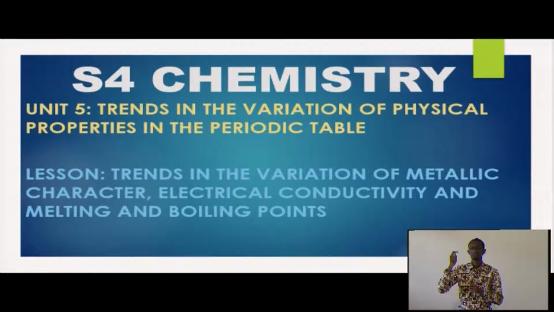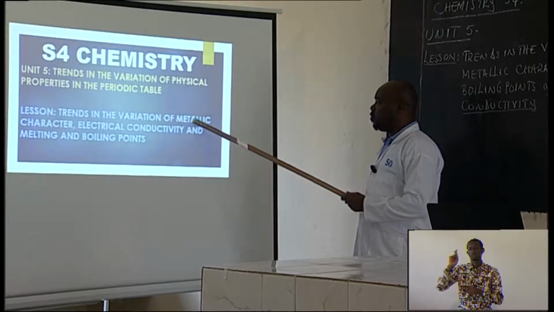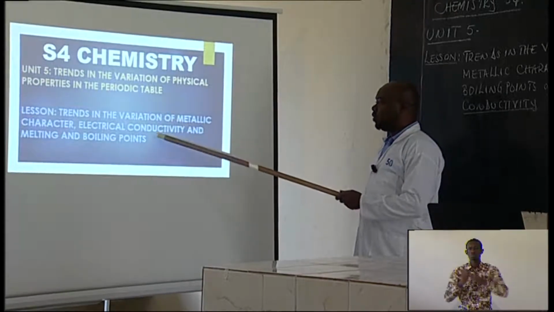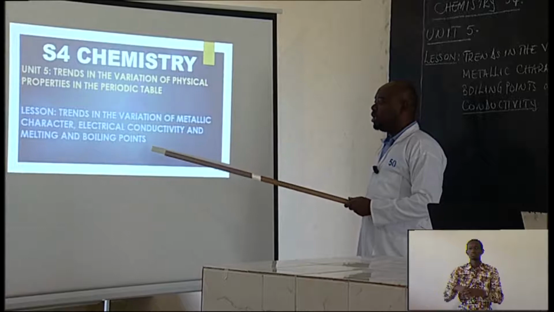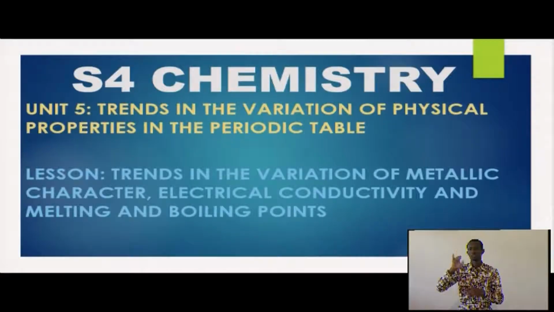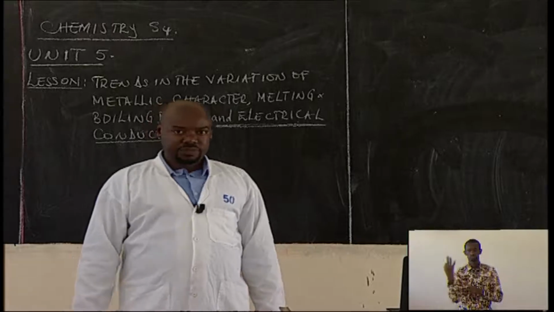And the lesson we have today is the trends in the variation of metallic character, electrical conductivity, and melting and boiling points. We have discussed other properties like the variation of atomic radius, ionic radius, ionization energy, but today we will go on with these other 3 properties.